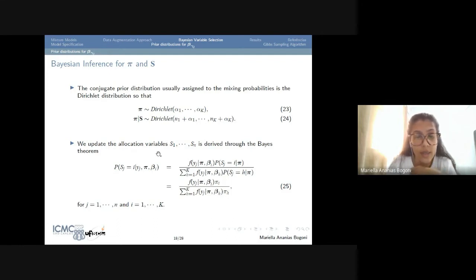And to update the allocation variables SG, we use the Bayes theorem, calculating the posterior probability of SG equal to I, which means the posterior probability of allocating observation YG into the component I through equation 25 in each iteration of our MCMC algorithm.